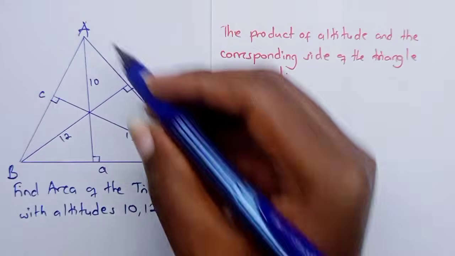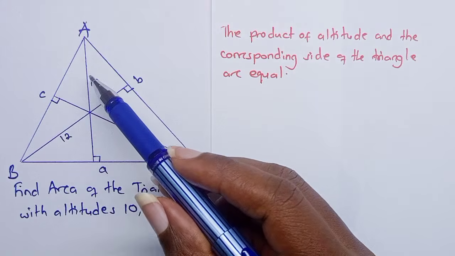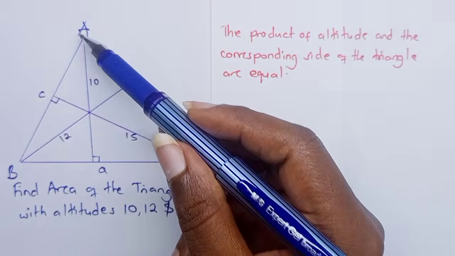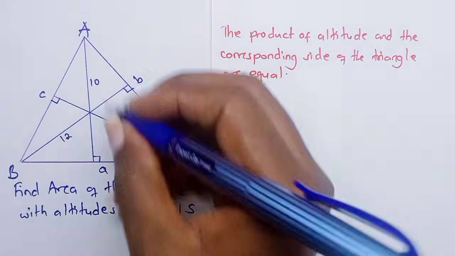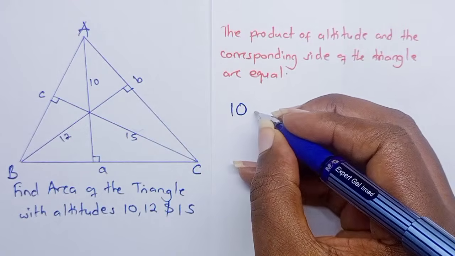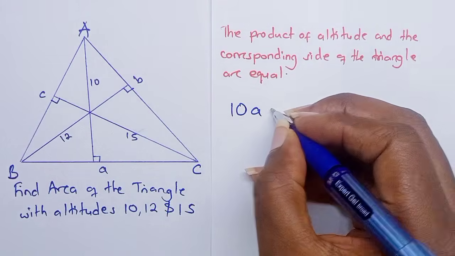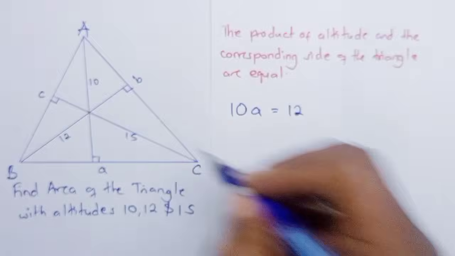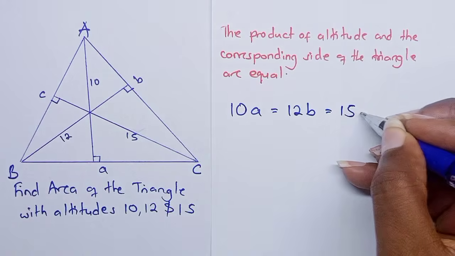So the altitude when a is the base, times the corresponding side: 10 times a is equal to 12 times b, which is equal to 15 times c.